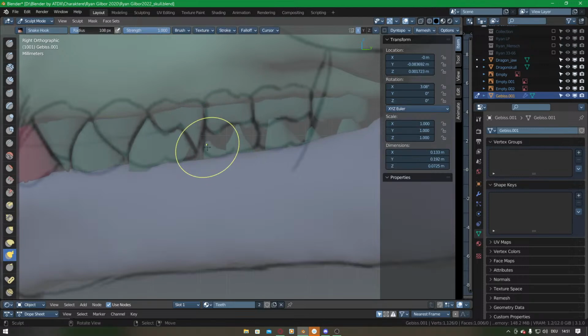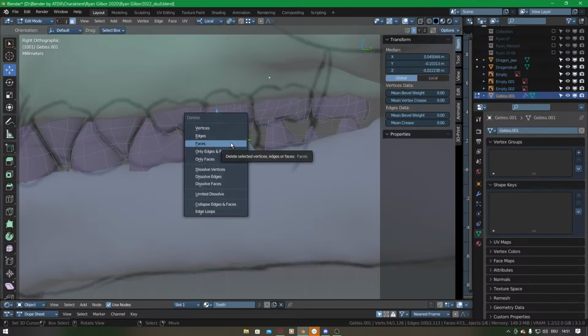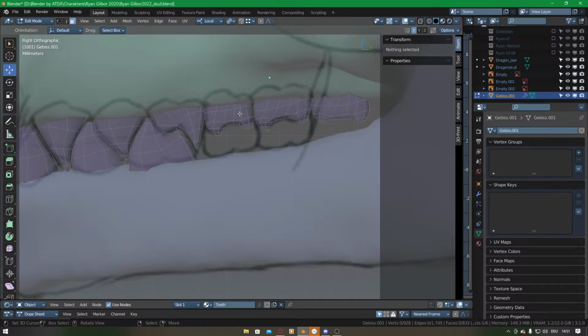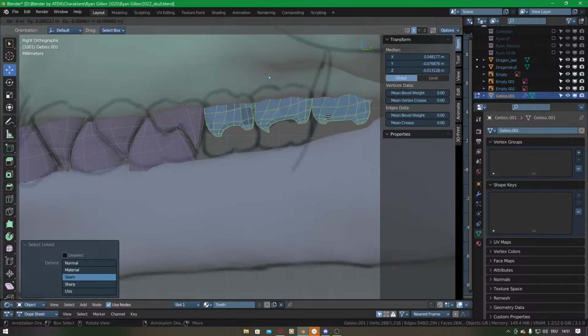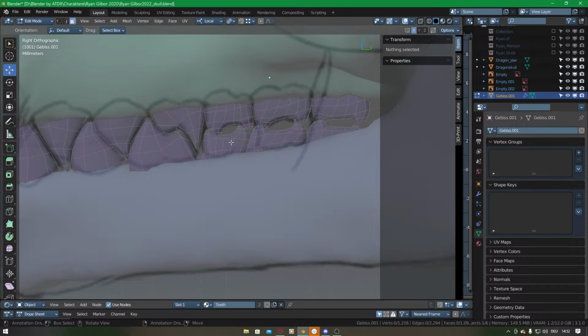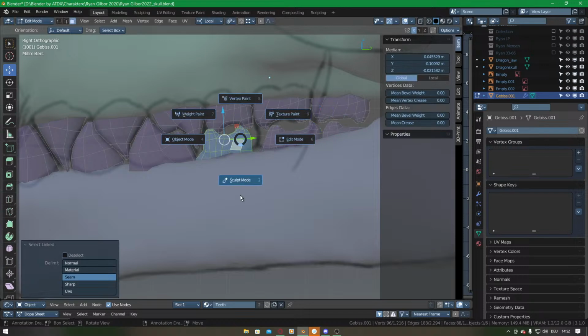Oh no, what are you doing? I am a Dragoon. Oh shit. Ah, I see, that was the bone I was deleting from over here, and I will delete those two as well, X faces, and now I will just duplicate them. Yeah, that works. Go away a little bit.